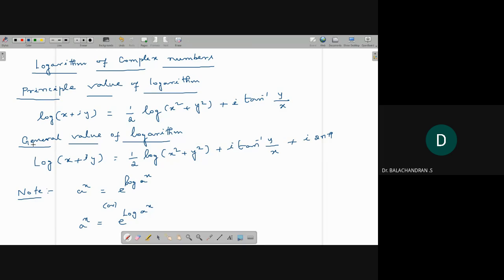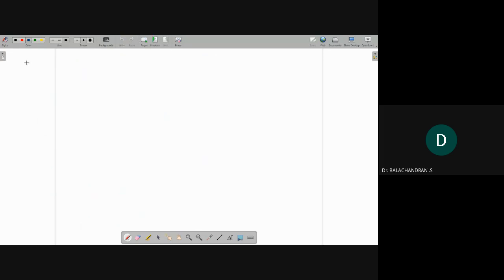I told that the general value of the logarithm is equal to the principal value plus i 2n pi. Okay. So now find the real and the imaginary part in the first problem.